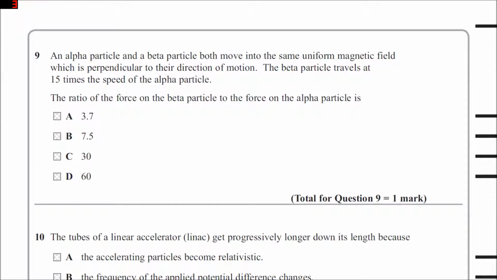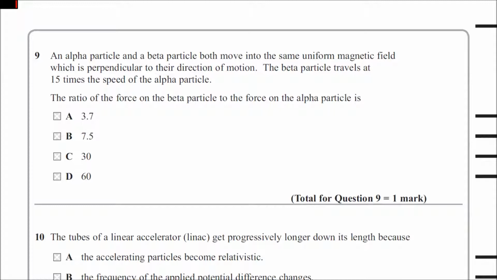So the force on the alpha particle is going to be B, because I don't know what that is, times a charge of 2, times a velocity of 1. That's cool with me. So that's 2B. That's the force.